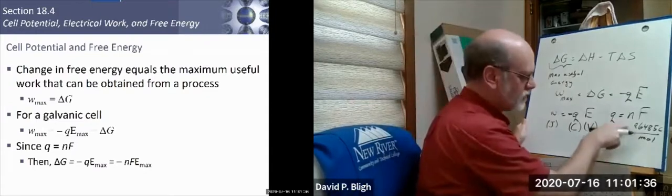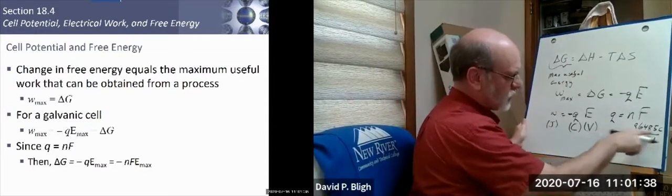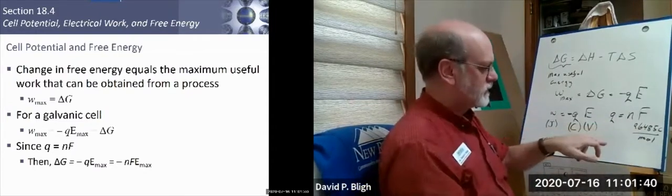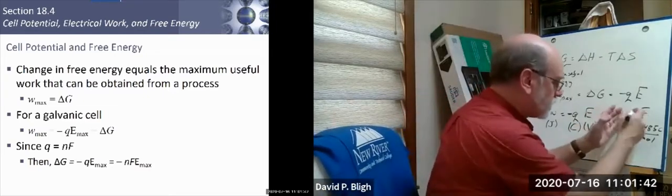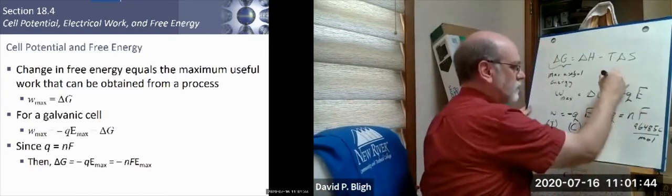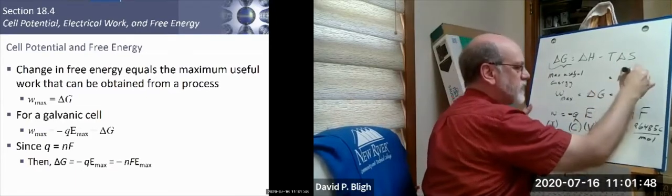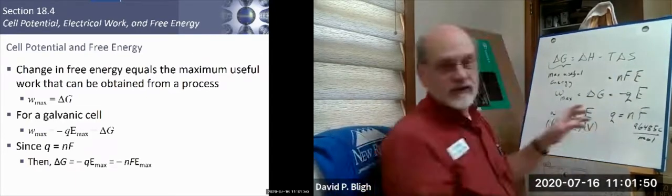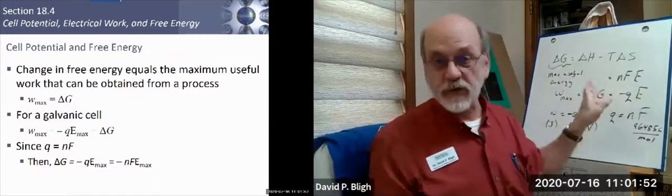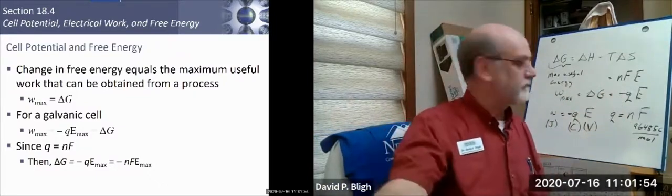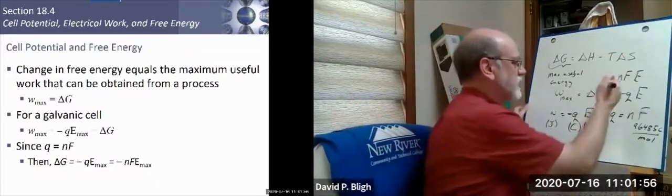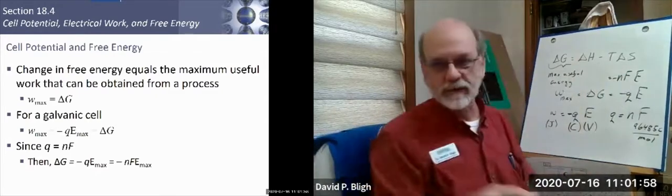And if you have the number of moles, that cancels moles, and that gives you coulombs of charge. So we could substitute this one in there. Number of moles of electrons times the Faraday times the electromotive force will also give us delta G. Oops, left out the minus sign. Here we go.